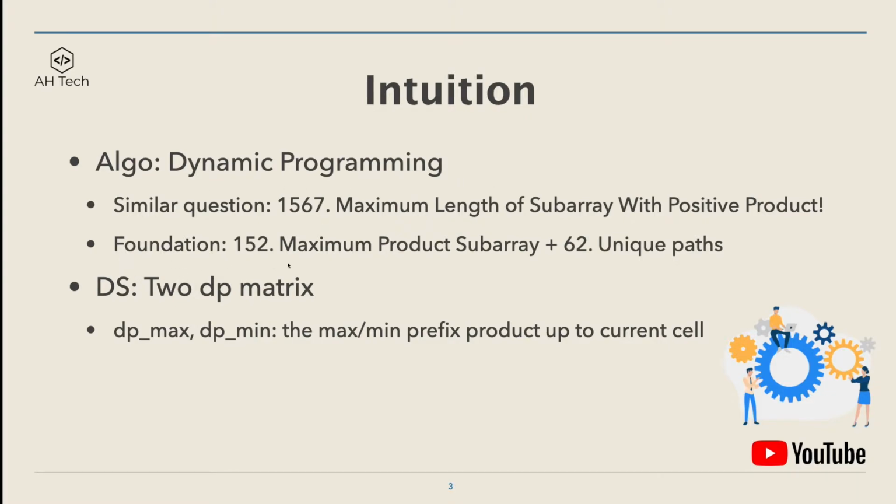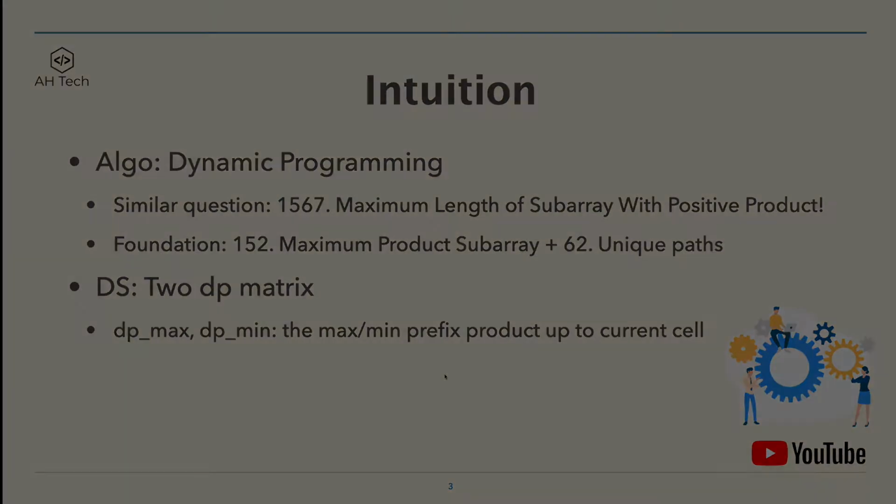The foundation to solve this question is 152, maximum product subarray, and the very classic DP question, 62 unique paths. The data structures we will use are two DP matrices, DP max and DP min, which stand for the maximum and minimum prefix product up to the current cell.